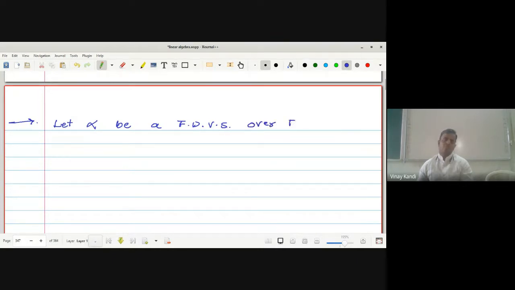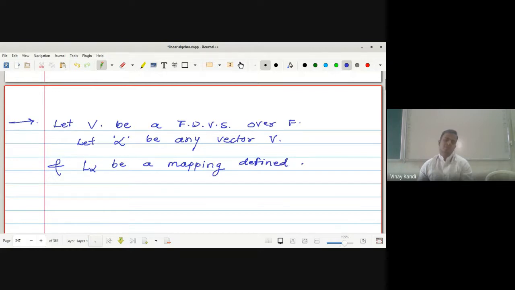Let V be a finite dimensional vector space over capital F. And let alpha be any vector in capital V. And let L alpha be a mapping defined on V star by L alpha of f equals f of alpha for all f belonging to V star. Give it as equation number 1.